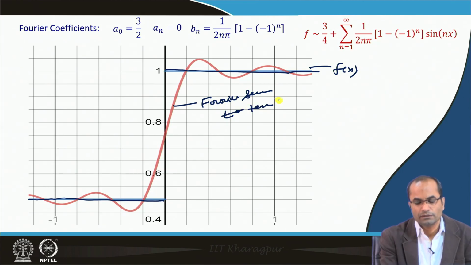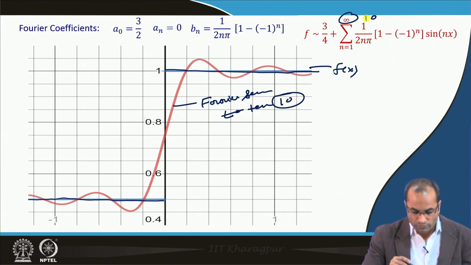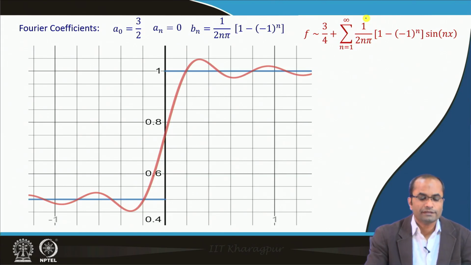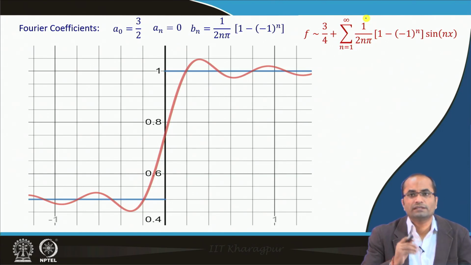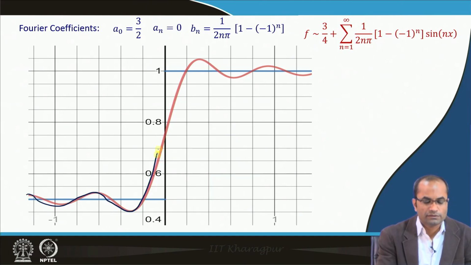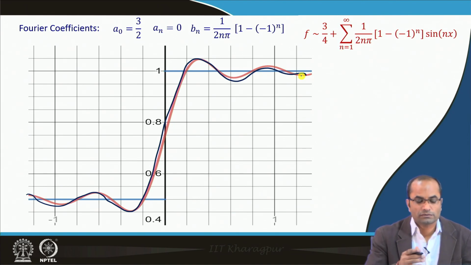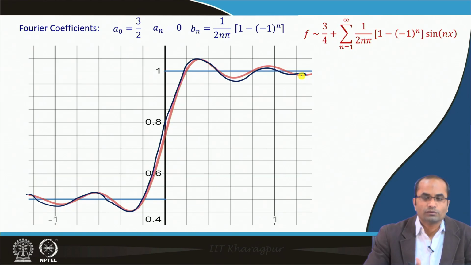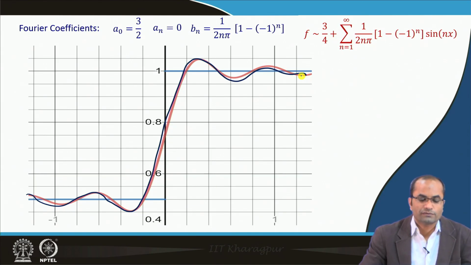So, instead of infinity we have taken, for instance, 10 terms, and we have plotted this graph, and you can see that because we have taken only 10 terms, the approximation is not very good. It is not matching, for example, the given function.